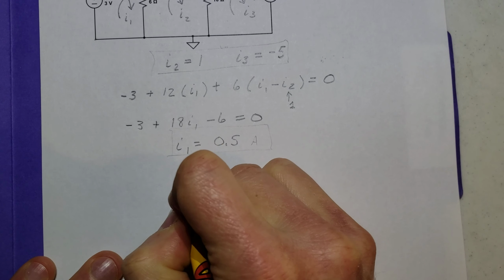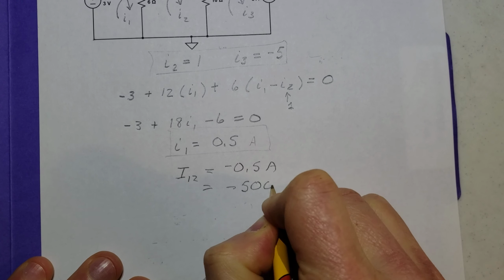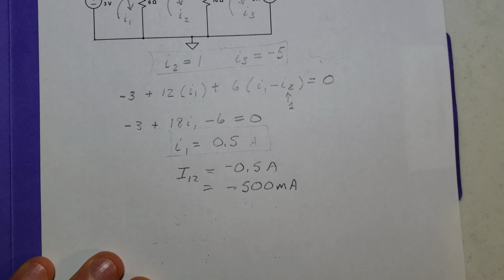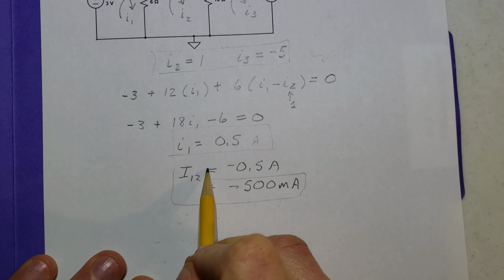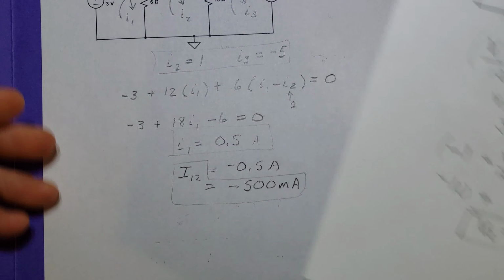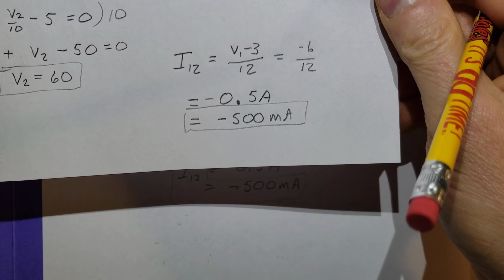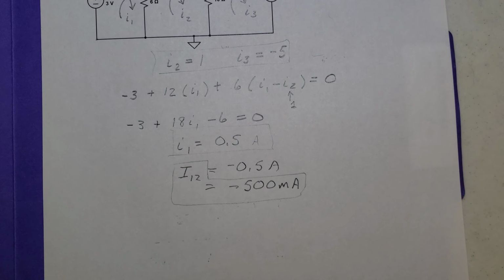I12 is just going to be minus 0.5 amps, which is equal to minus 500 milliamps. And that was what the question asked us for. And then when we go back to what we had solved before, we saw that we got minus 500 milliamps. We get that for both. And so we're confident of our answer.